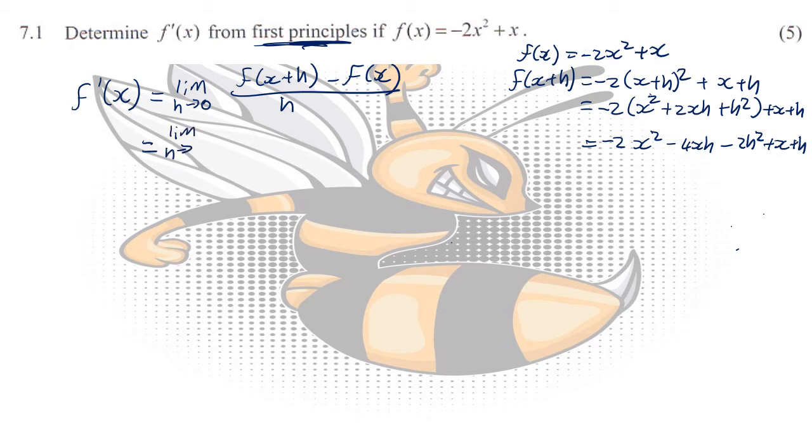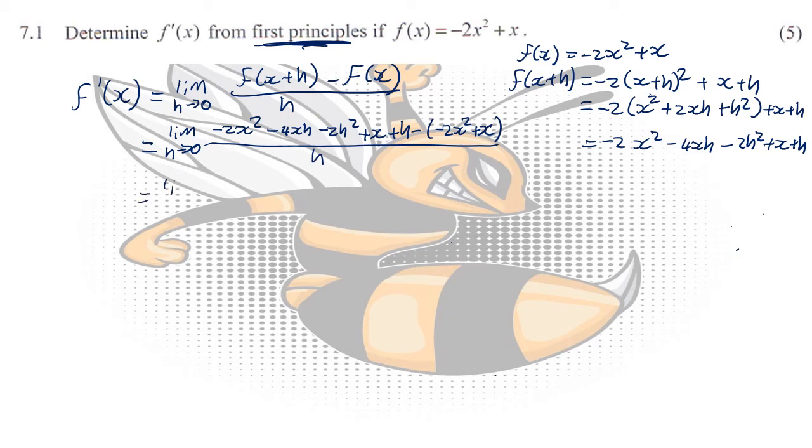Now remember to keep on writing down the limit as h tends to 0 until you finally replace h with 0. So f of x plus h is going to be minus 2x squared minus 4xh minus 2h squared plus x plus h minus, open bracket, minus 2x squared plus x, all over h.